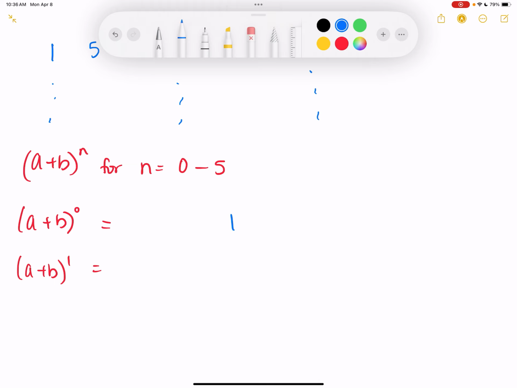would be following the pattern that we had up there. 1a to the first, b to the 0, plus 1a to the 0, b to the 1.